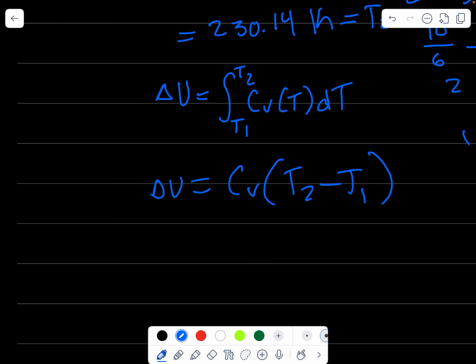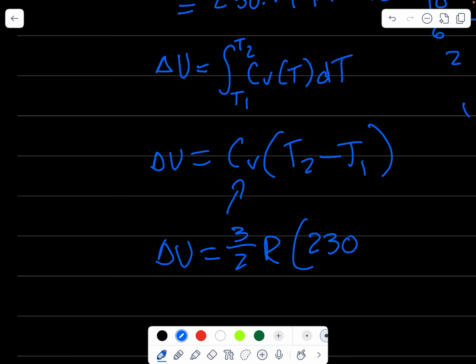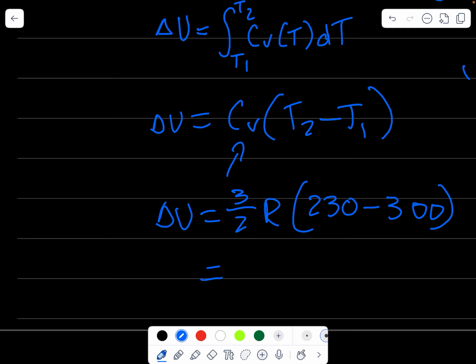Crunching these numbers out, and in this case Cv is that same value that we had before. So delta U equals 3 over 2 R times, our temperature 2 is about 230 minus 300. Crunching some numbers, I get 3 over 2 times 8.314, which is the R constant we're using in this case, times 230 minus 300.